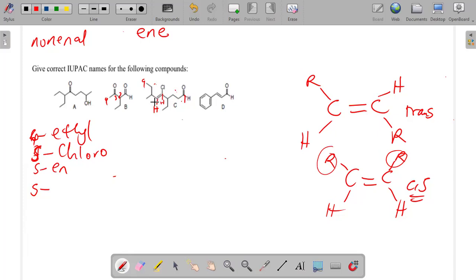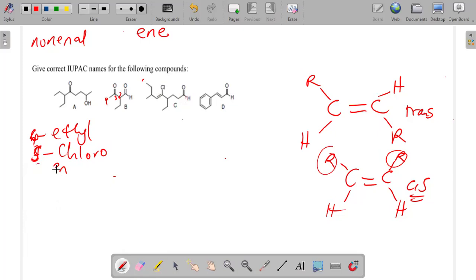So we don't have anything the same; this side is an R group, this side is a chlorine. In such a case we cannot designate cis and trans, so we are not going to have the cis and trans isomer.